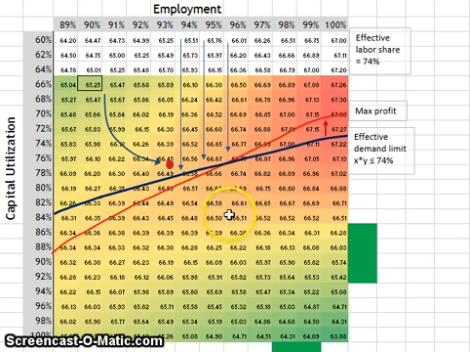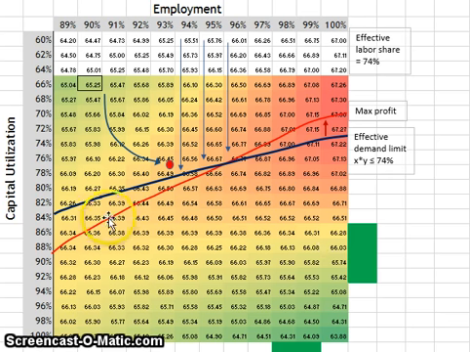And these numbers out here represent the surface of the curve that you just saw, the Cobra. And see 64, 65, 65, 70. The numbers are increasing up the curve, and then they reach a maximum and then start to decrease down towards 100% capacity utilization, 100% employment. Okay, so that gives you an idea of the plot.